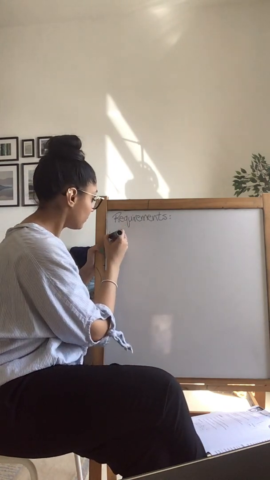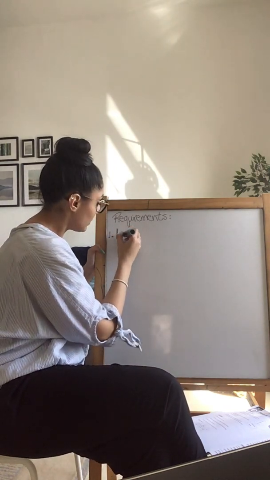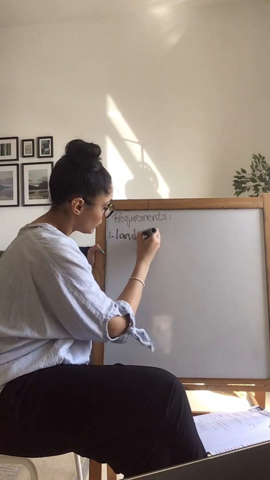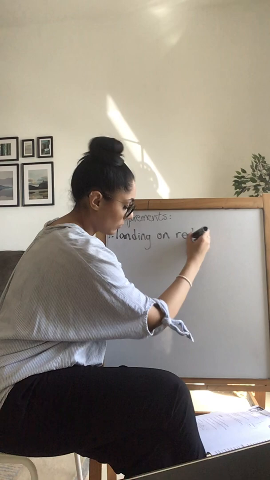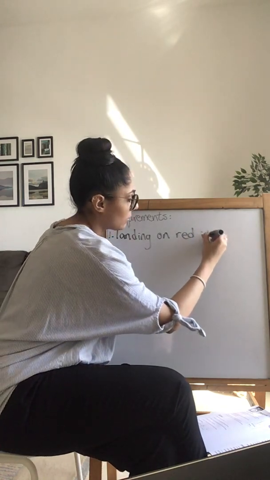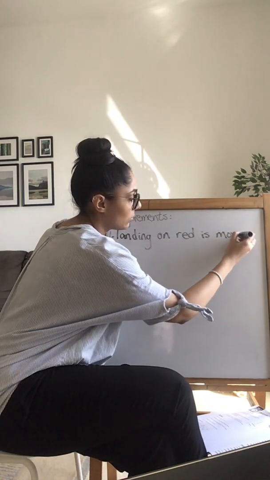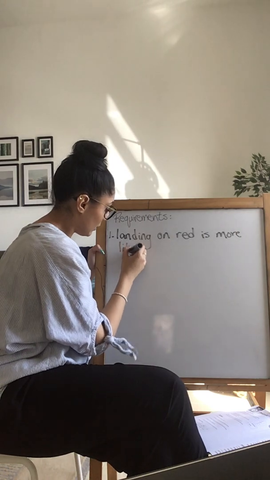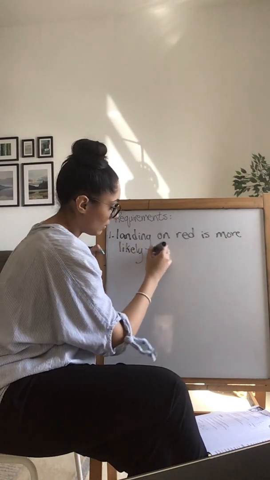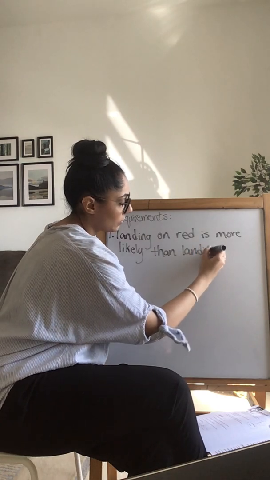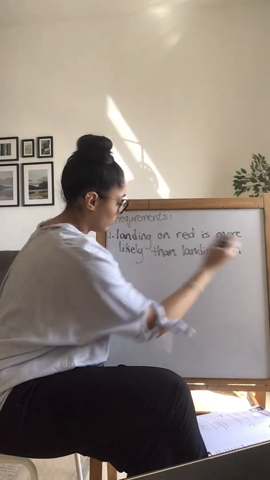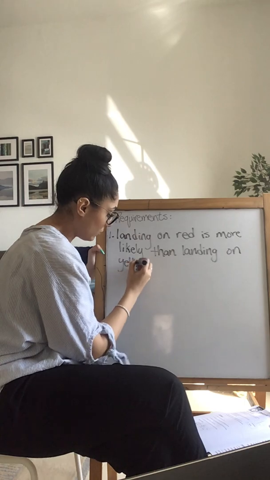Okay, let's do one. So create a landing on red is more likely than landing on yellow. Okay, let's do a simple one first.